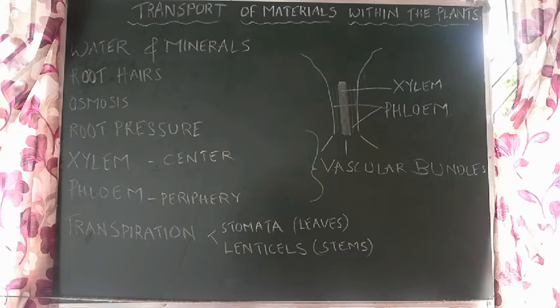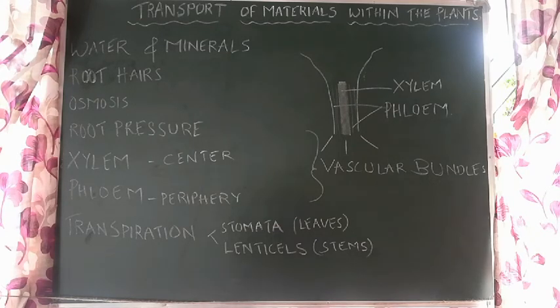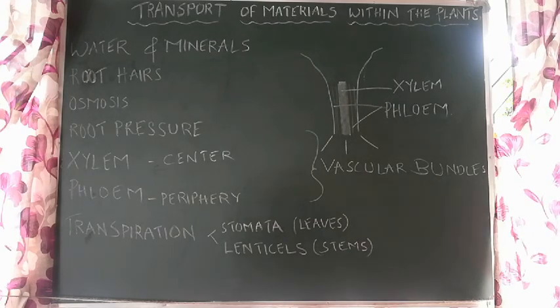Here two important points are that in this topic, transpiration and root pressure, and osmosis also, play an important role in transporting materials within the plants. The structures for transport are xylem and phloem, vascular bundles seen only in the plant's body.